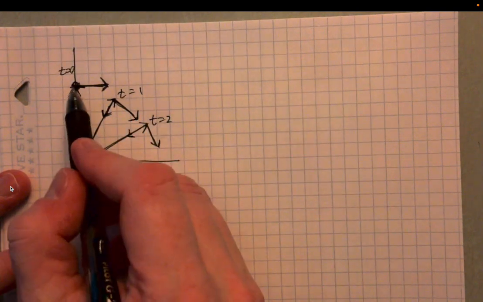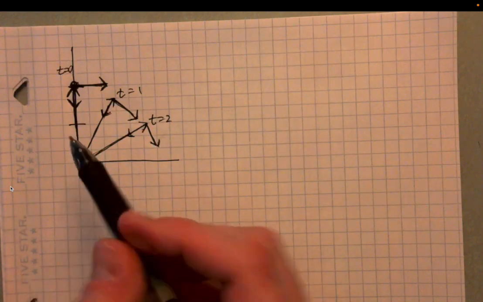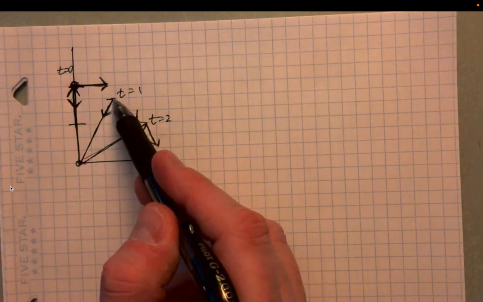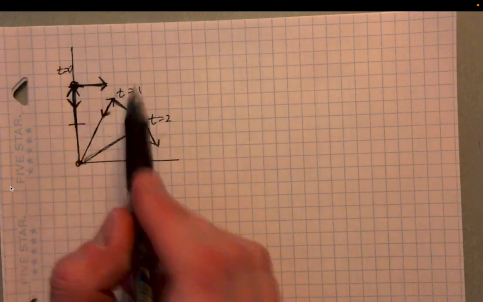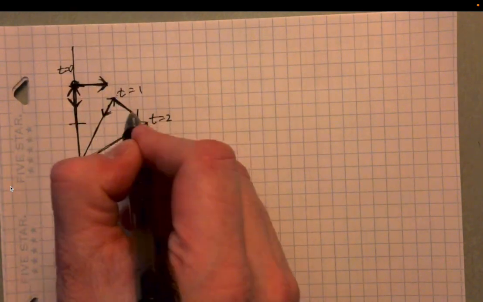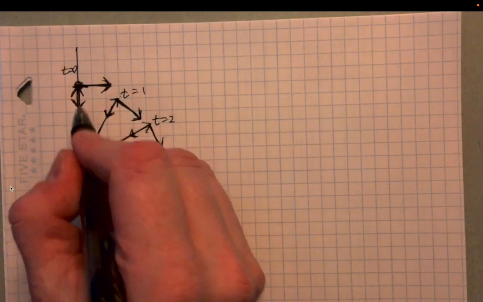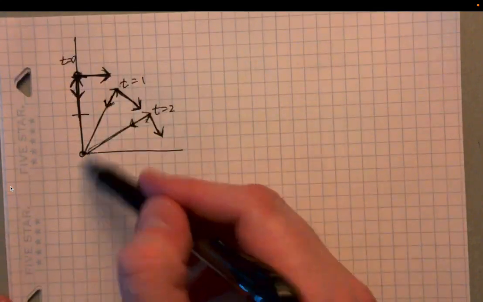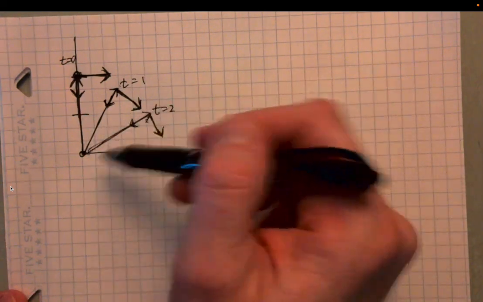So your position is always the vector extending from the center of the circle to the perimeter. Velocity is always perpendicular to the position, and acceleration in this case is parallel to the position, but obviously pointing towards the center of the circle.